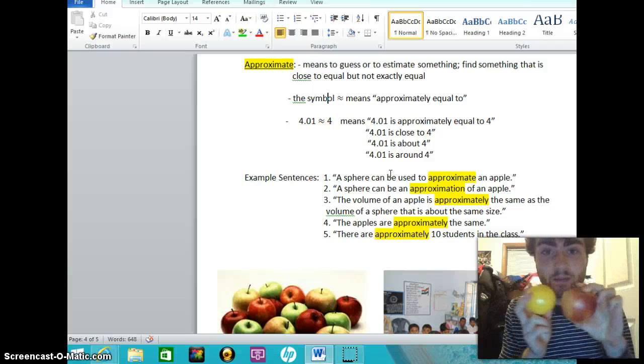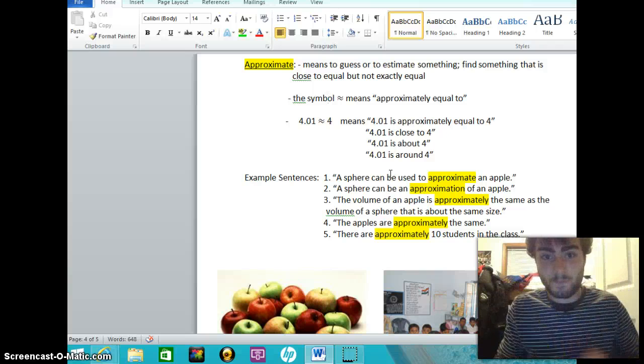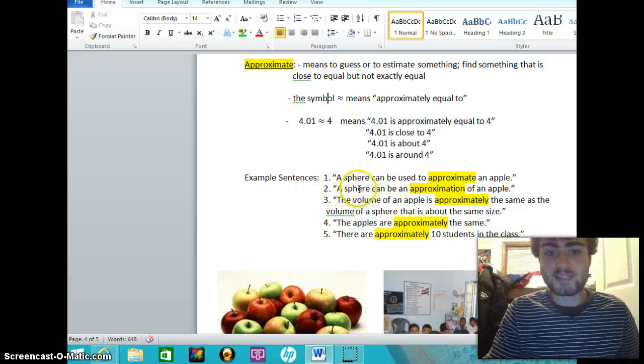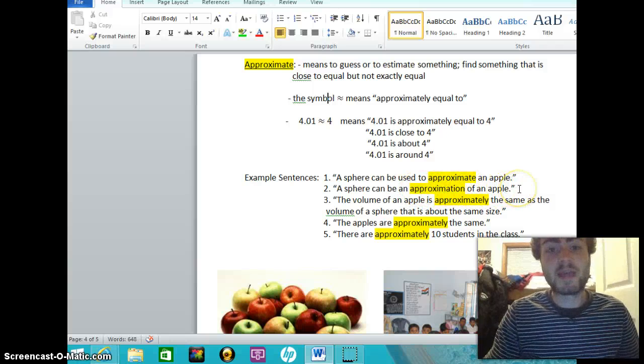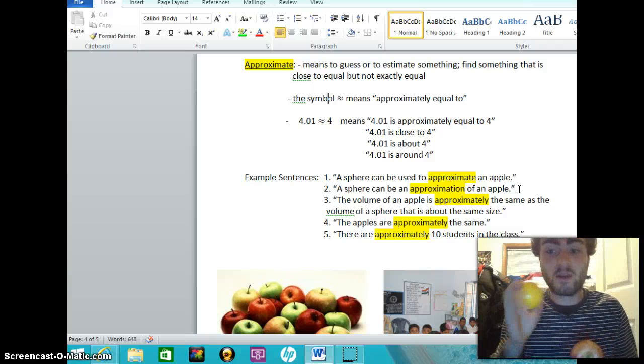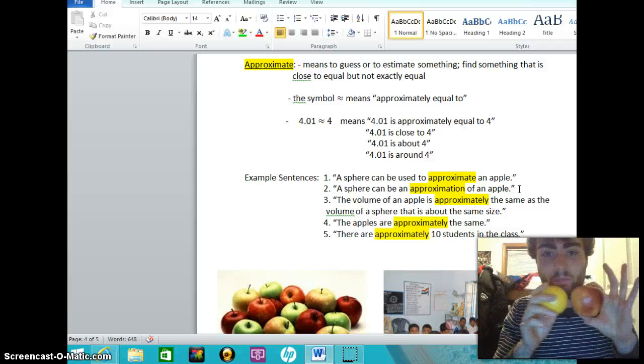They're close. They're not exactly the same, but they're close. Or you could say a sphere can be an approximation of an apple. Repeat that back to me, please. 1, 2, 3. A sphere can be an approximation of an apple.